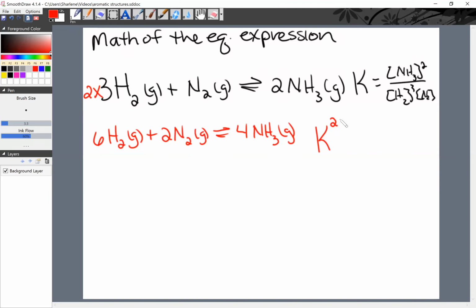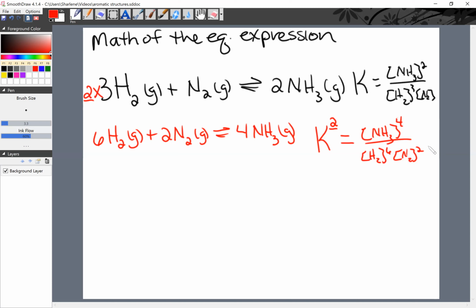Whatever I did goes to the power, and I still use the coefficients of this new equation. So this one would be 4. This one would be 6. And this one would be 2.